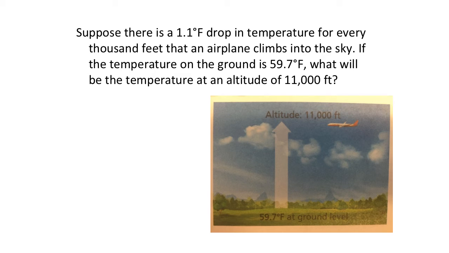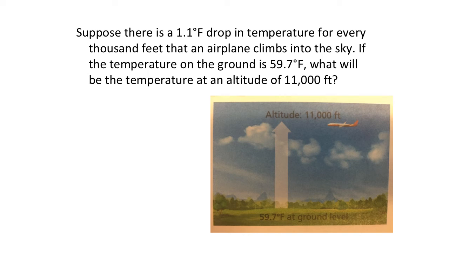Question 7 on page 67 is very similar to question 5 when we just did the one about the scuba diver. Suppose there is a 1 1/10 degree Fahrenheit drop in temperature for every 1,000 feet that an airplane climbs into the sky. If the temperature on the ground is 59 7/10 degrees Fahrenheit, what will be the temperature at an altitude of 11,000 feet?